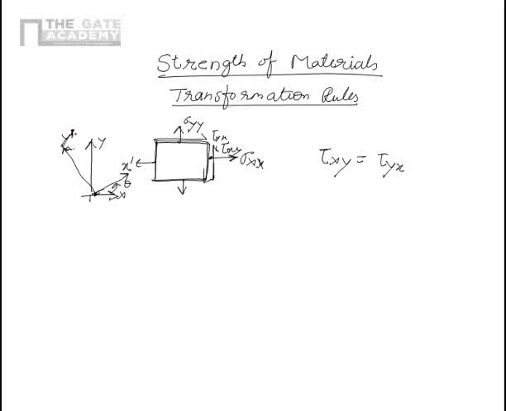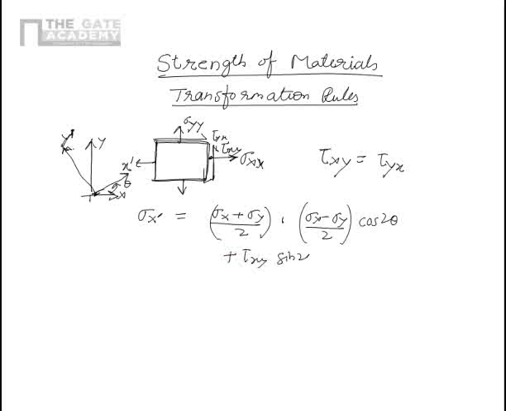The transformation rule is given by this: sigma x dash, for example, is given by sigma x plus sigma y by 2 plus sigma x minus sigma y by 2 cos 2 theta plus tau xy sin 2 theta, where for the sake of brevity, I have taken sigma xx as sigma x and sigma yy as sigma y. So this is the transformation rule for the normal stress.